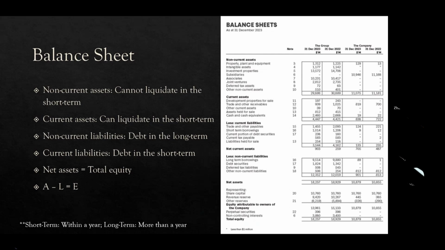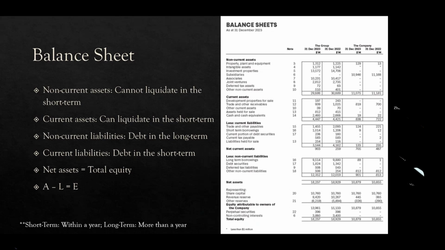Okay, so just to share some definitions, non-current assets are something that cannot be liquidated in the short term. Okay, in the short term refers to within a year, right? And current assets can be liquidated within the short term. That means within a year. And non-current liabilities are the debt that is in the long term, and current liabilities will be the debt in the short term.